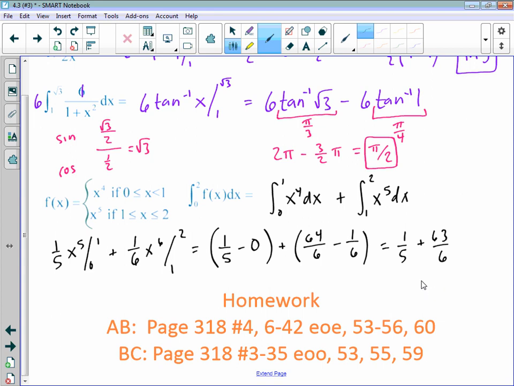So I'm getting a fifth and 63.6 to add together there. I'm not sure if that's what everyone else is getting. The 63.6 you could reduce down. It might make it easier to get a common denominator, but you wouldn't have to.